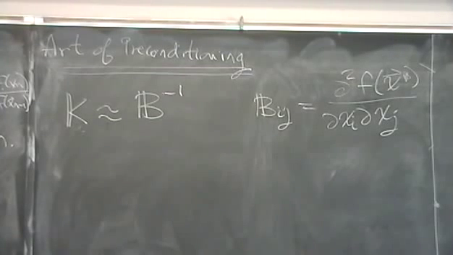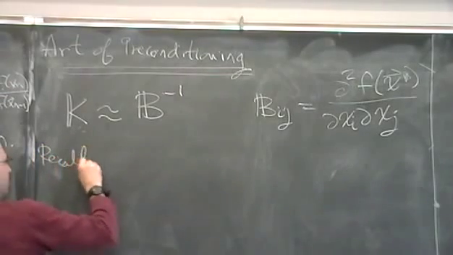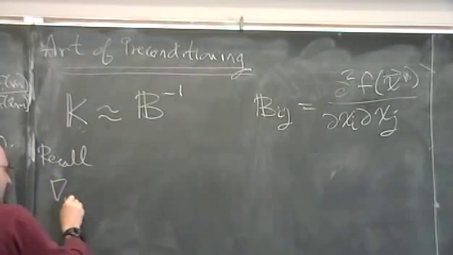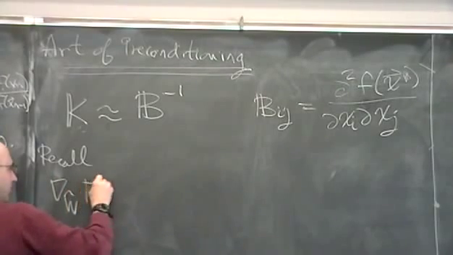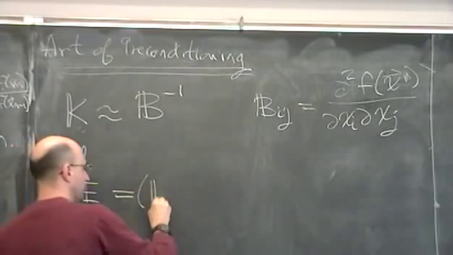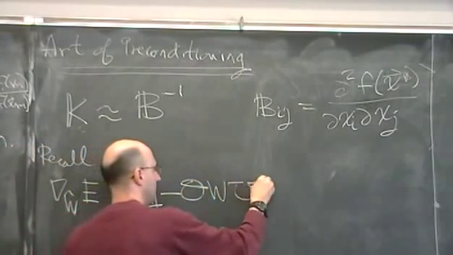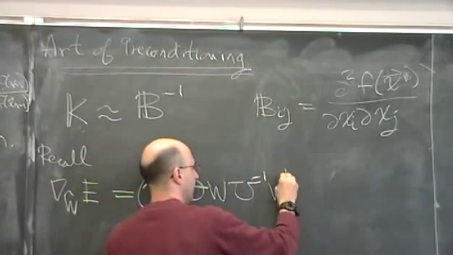Okay, so I guess we'd better remember what our first derivative was. In our particular application, we had computed the gradient with respect to W of our energy, and it was composed of a projection operator, O W U inverse W dagger.